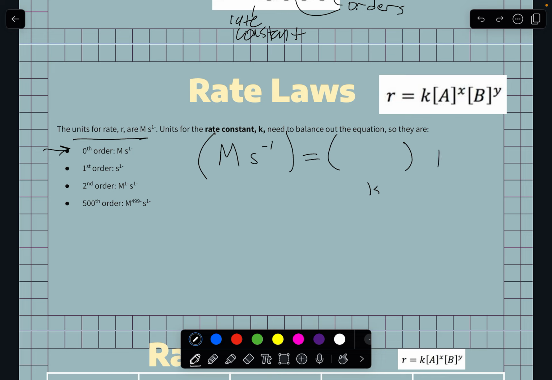Okay, for this first order, right? If we have something here, if we have 1 molar there, then if we need to find K, we need to divide by what K is with. So if we divide by molarity, K is just per second. Okay. For second order, if we have molar squared and we divide by molar squared on both sides, we'd get K being molar to the -1, second to the -1.